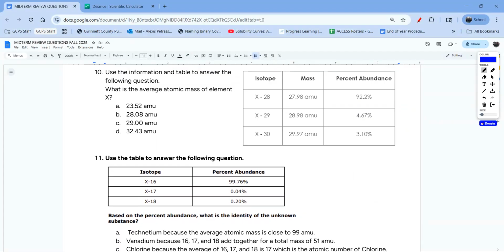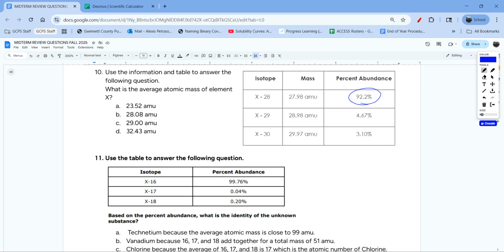Use the information table to answer the following question. What is the average atomic mass of element X? Okay, so again, this wants you to do math, but you don't necessarily have to do math for this based on these answer choices. Which one do you see the most of? Which one has the biggest percent?